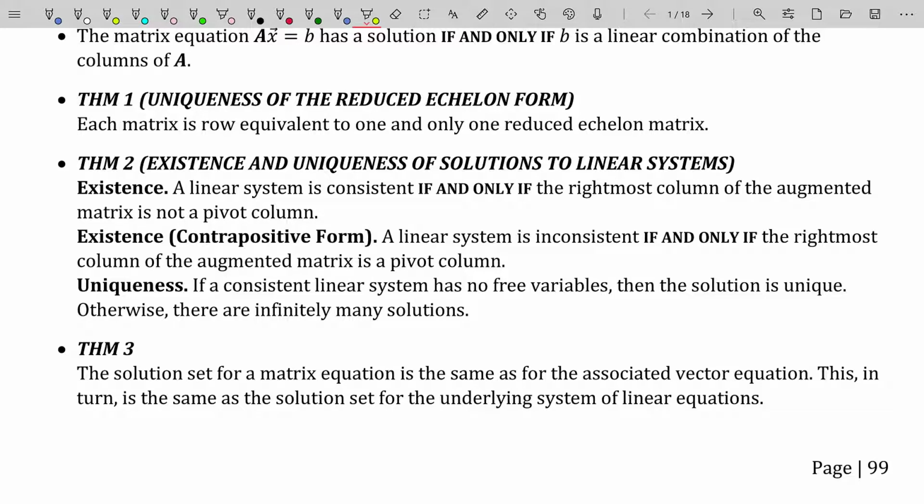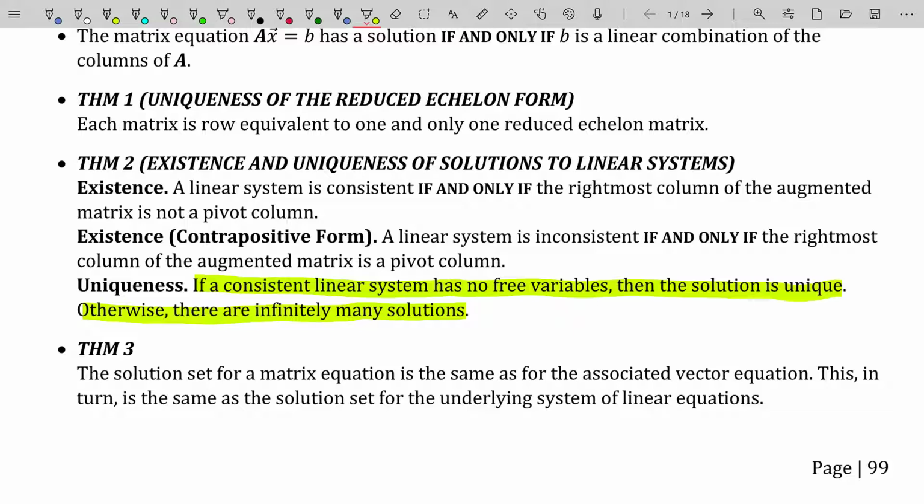It's the existence and uniqueness of solutions to linear systems theorem, kind of a mouthful. But we're going to refer to this piece right here. If a consistent linear system has no free variables, then the solution is unique. Otherwise, there are infinitely many solutions.